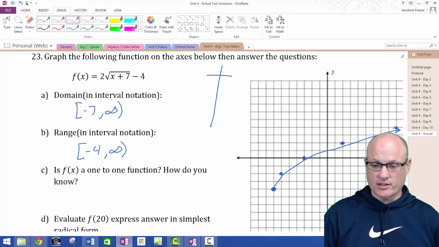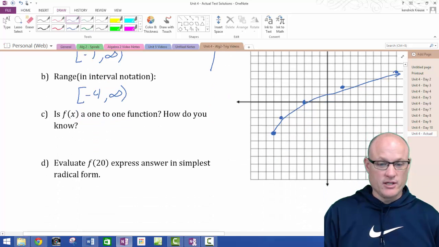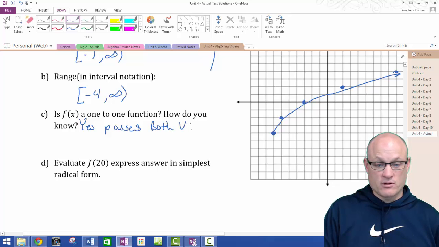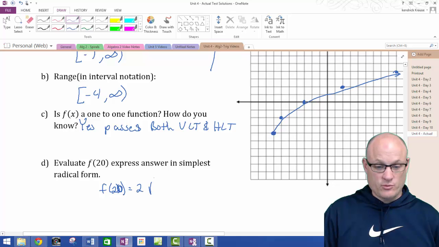I'm going to go back up and check those other ones. I don't like that. I'm going to check those. Is it a one-to-one function? Yes. It passes both the vertical line test and the horizontal line test. And then I just got to plug 20 in. So that was f of 20 equals 2 square roots of 20 plus 7.